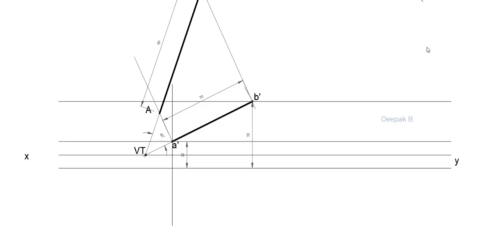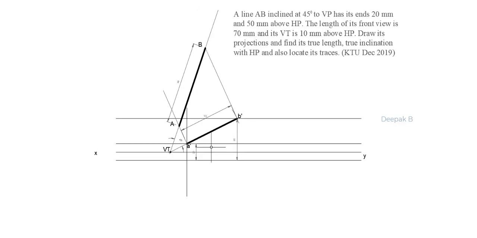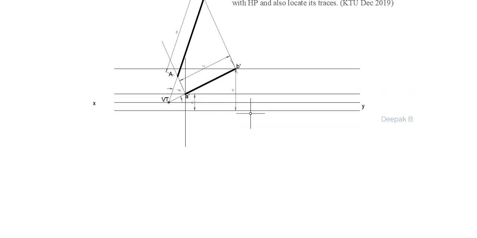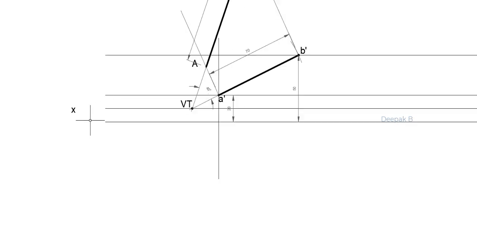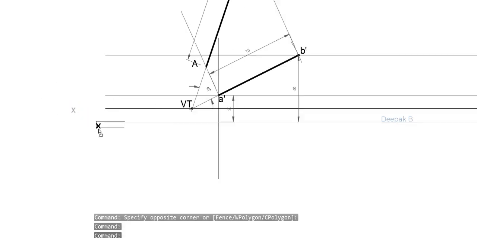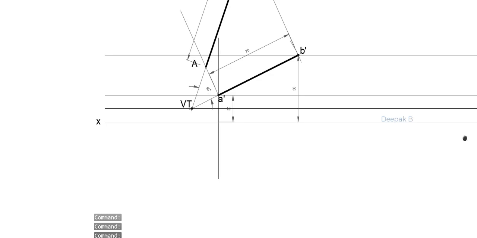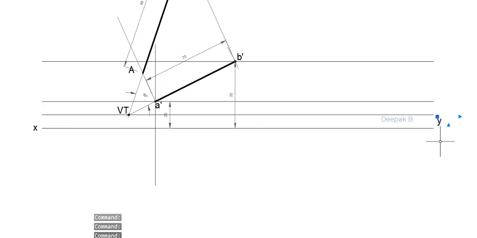The next step would be to actually draw the top view of the line AB. So for that we can again use the procedure that is used in the trapezium method. That is, we will take the distance A dash A and we will take the distance B dash B and we will transfer it below XY line. Okay, so the XY line is here. Let me just properly mark it. This is XY line.